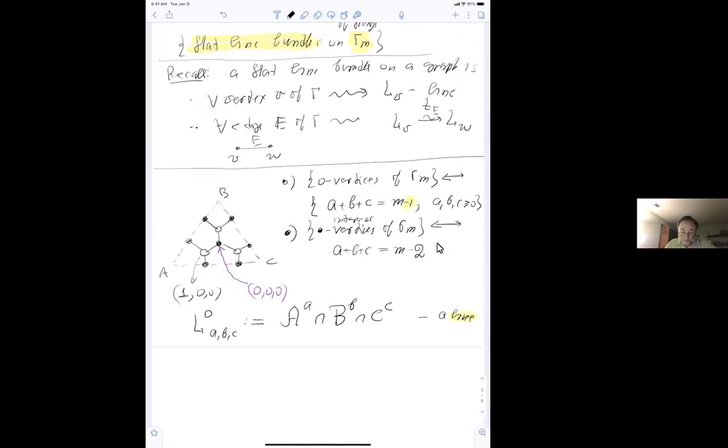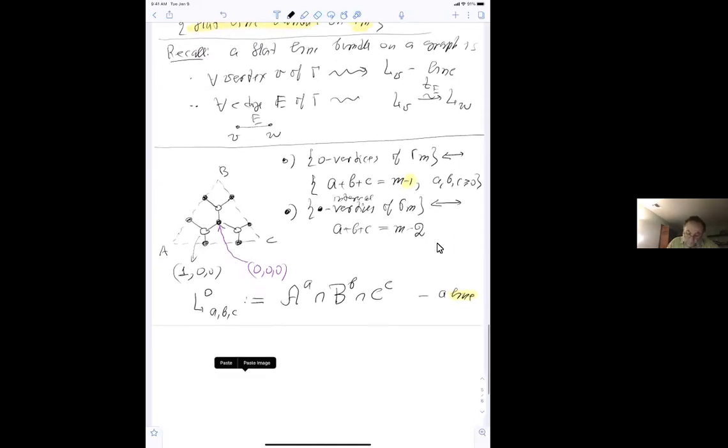On the other hand, if you have a black vertex, then we can make a plane which corresponds to this black vertex. And this is defined by exactly the same formula, A sub a intersect B sub b intersect C sub c. And this is a plane, again because you have 2 here. It's codimension 2.